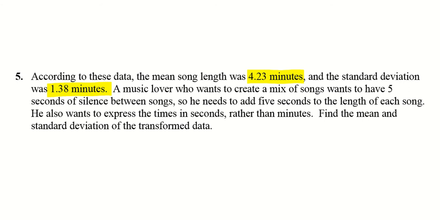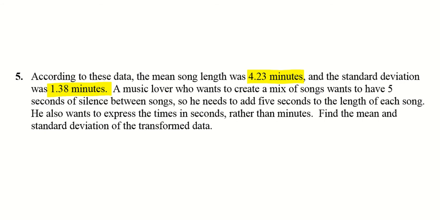But in addition to that, he wants to change the timing into seconds rather than into minutes. Now, how the heck do you go from minutes to seconds? Well, that's a multiplication problem. So he's actually doing two things on this problem. We have to know when and where it's appropriate to multiply and when and where it's appropriate to add.